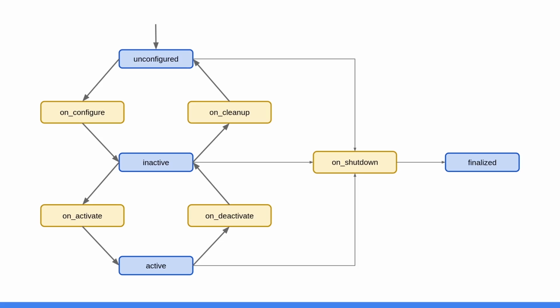There is another state as well to handle errors, but we're gonna see that a bit later. For now, you can see that a lifecycle node will start in an unconfigured state, and then you have some transitions to go to inactive, to go to active, and also to shut down the node.